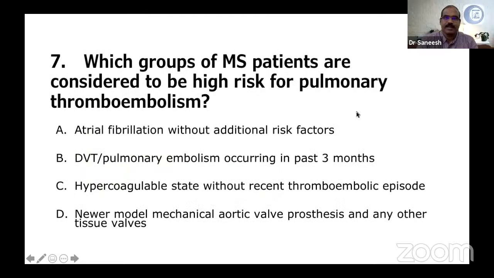Question number 7. Which groups of mitral stenosis patients are considered to be at high risk for pulmonary thromboembolism? Option A, atrial fibrillation without additional risk factors. Option B, DVT or pulmonary embolism occurring in past 3 months. Option C, hypercoagulable state without recent thromboembolic episode. Option D, newer model mechanical aortic valve prosthesis and any other tissue valves.